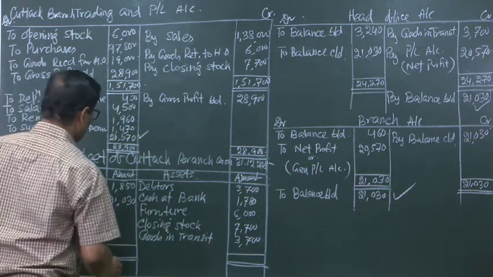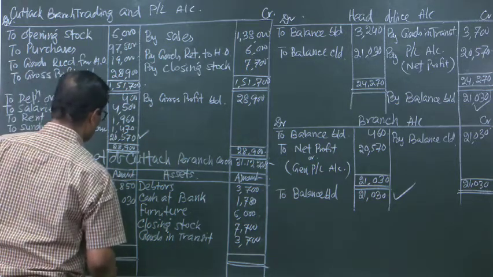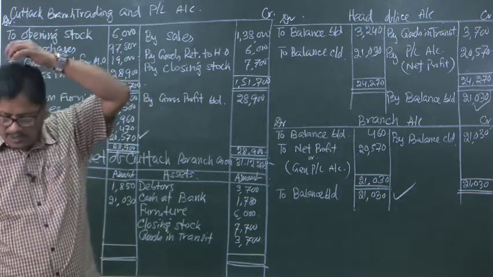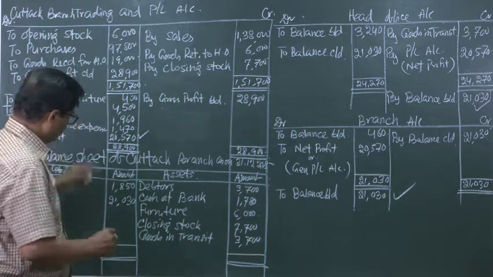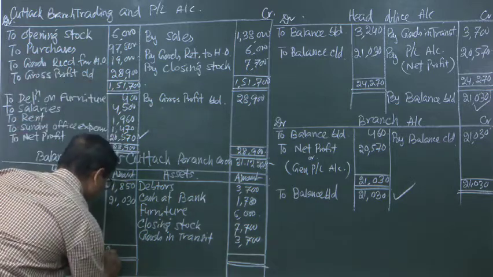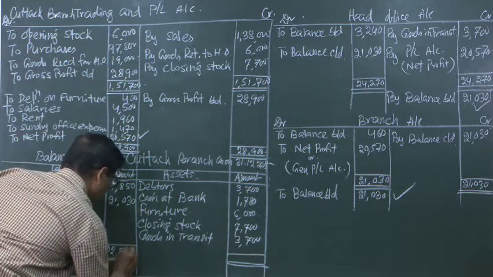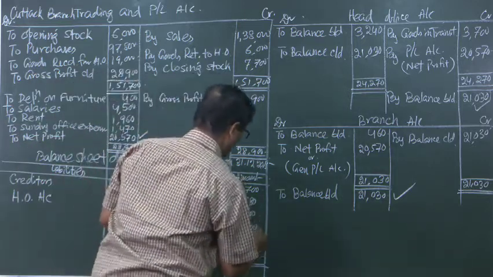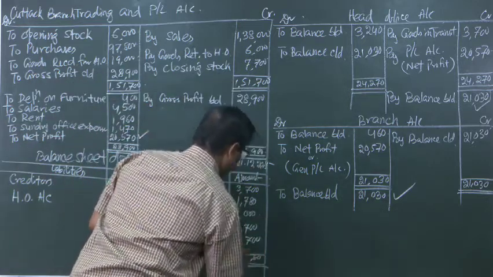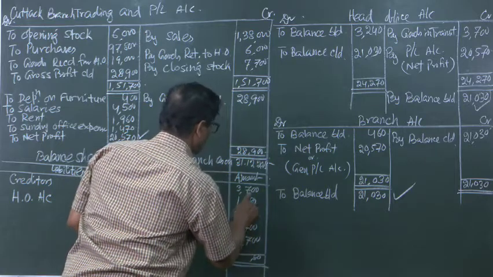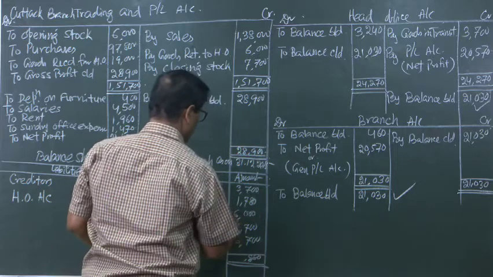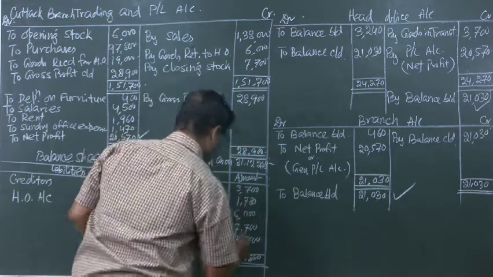This side is coming to 22,880, 22,880. And this one 22,880.